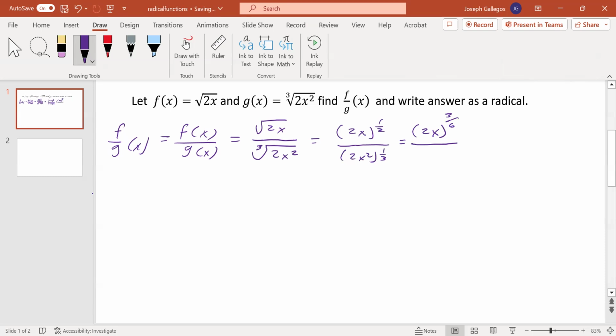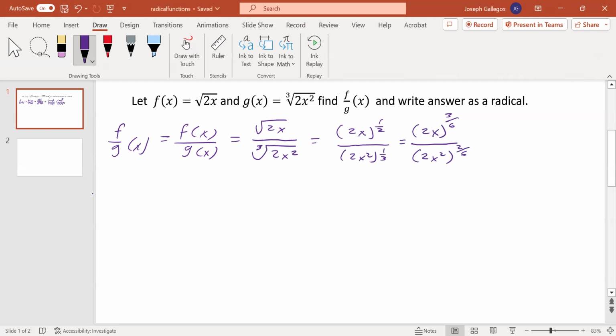And now in the denominator, we have 2x squared, and then 1/3 times 2/2 is 2/6. All we did was rewrite the 1/2 exponent as 3/6 and the 1/3 exponent as 2/6.